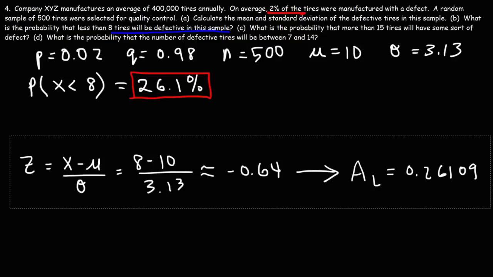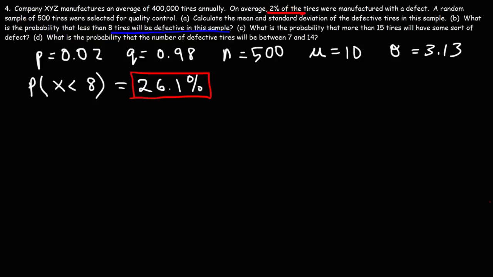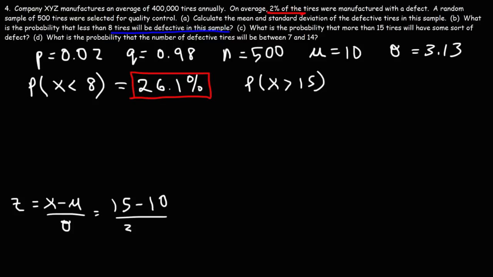Now let's move on to part C. What is the probability that more than 15 tires will have some sort of defect? So let's calculate the probability that x will be greater than 15. So once again, let's calculate the z-score first. So this is going to be 15 minus 10 divided by 3.13.